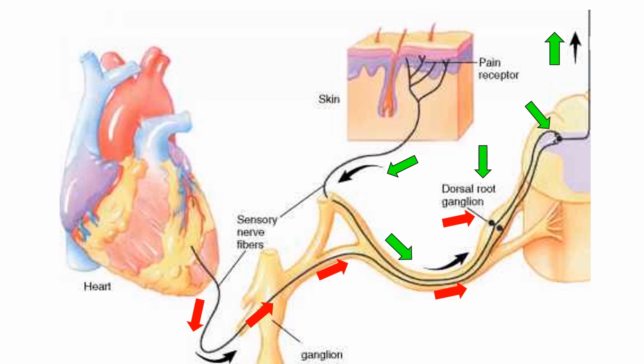Now, why referred pain takes place? One of the acceptable theories is that it depends on firing impulses. If the impulses coming from the heart are so frequent and strong, they overflow to the neurons, bringing the pain from the pectoral area, for example.